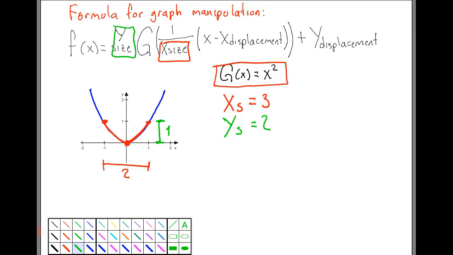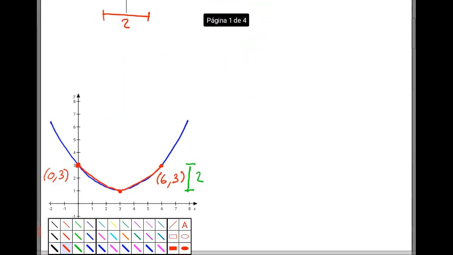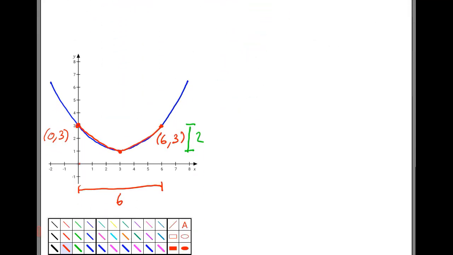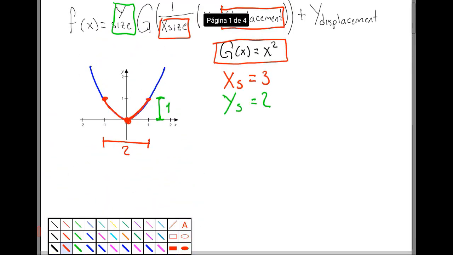We're going to do the same for the displacement. The displacement of x is how much we move the center. In this case, the center is at 0 in x, and for this one is at 3. Here we have the center on x. That means that 3 is the x displacement.